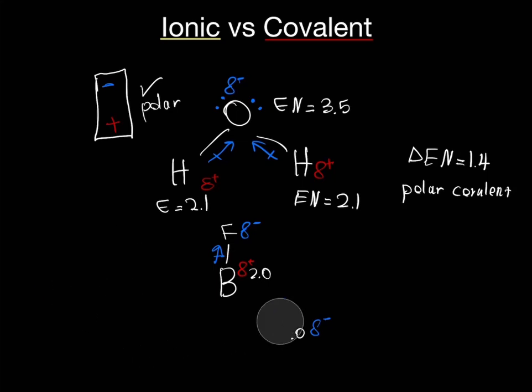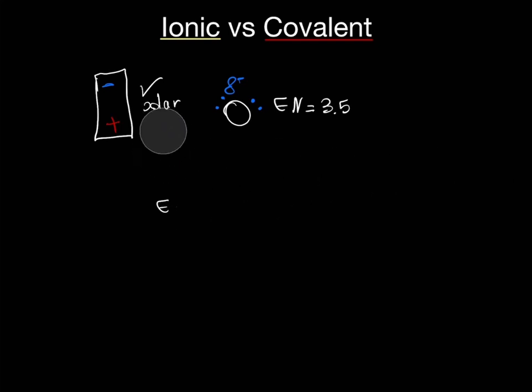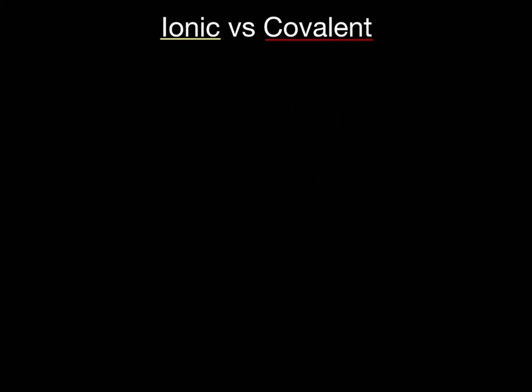If we look at one more example, let's take ammonia. Ammonia has a nitrogen in the middle, and it has 3 hydrogens, and it also has a lone pair. Now the question is this: is this a polar molecule or is it not? Nitrogen's electronegativity, based on most textbooks, is 3.0.